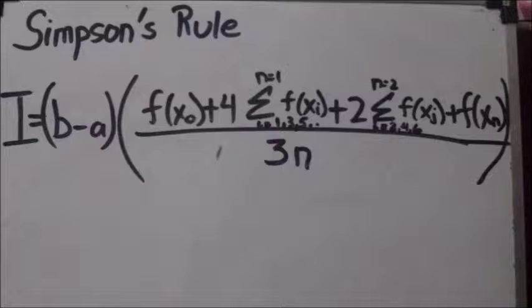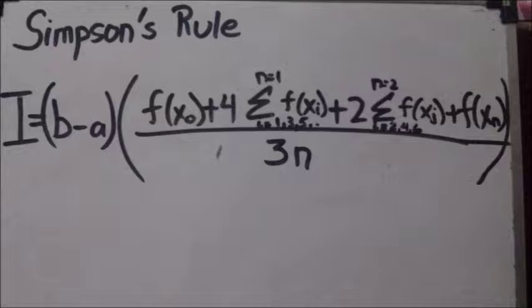The formula for Simpson's rule will be I equals (b minus a) multiplied by the quantity f(x sub 0) plus 4 times the summation of f(x sub i) plus 2 times the summation of f(x sub j) plus f(x sub n), all over 3 times n.